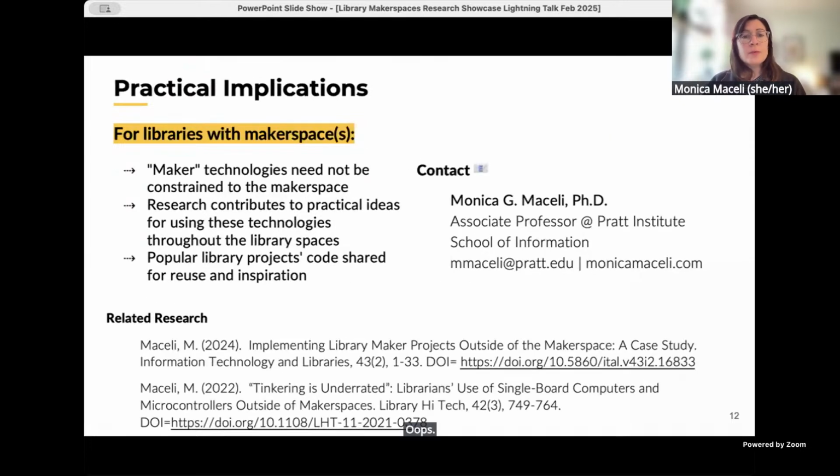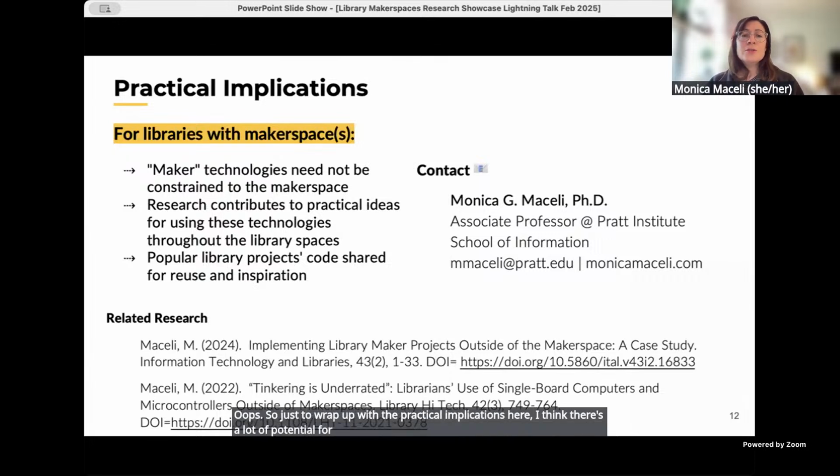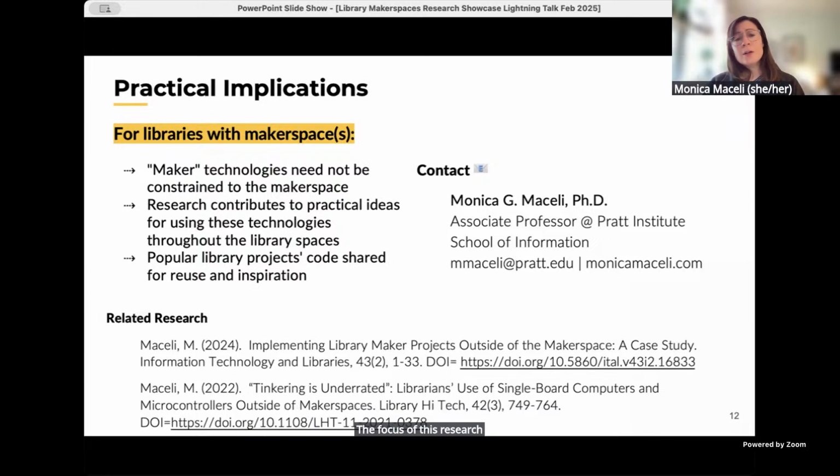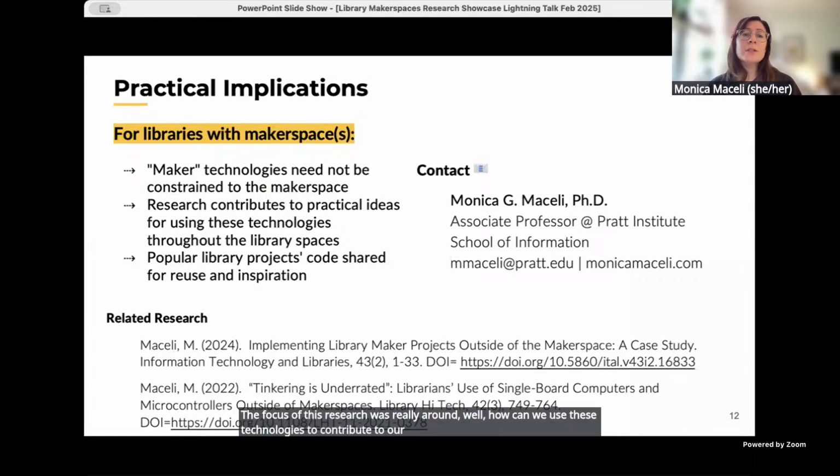So just to wrap up with the practical implications here, I think there's a lot of potential for maker technologies to be moving kind of outside of the constraints of the makerspace itself. The focus of this research was really around, well, how can we use these technologies to contribute to our practical needs within library spaces?